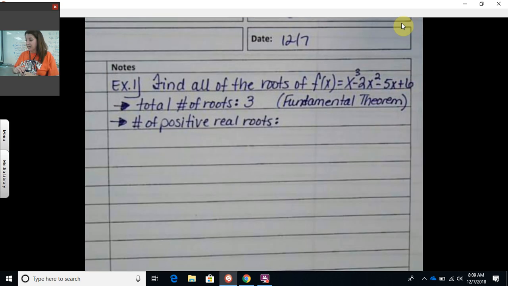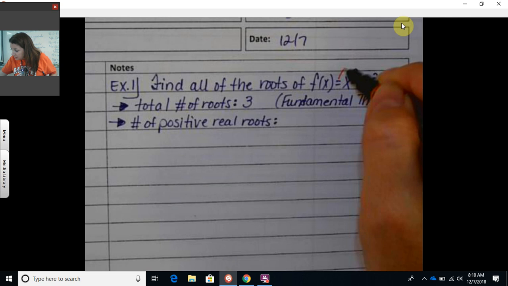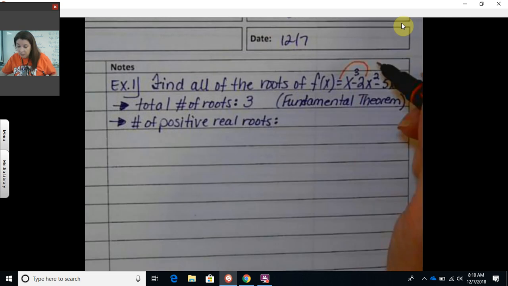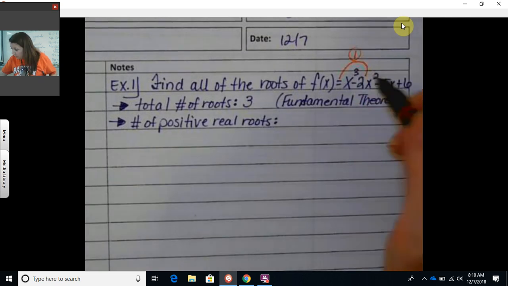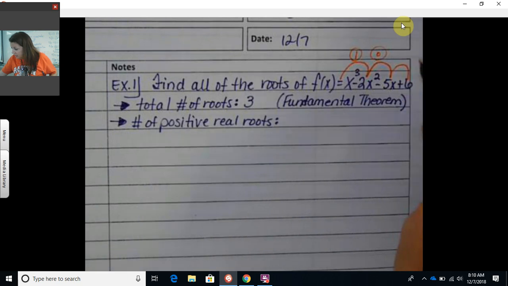And for that, that's from the Descartes rule of signs. I have to look at the sign changes of my original problem. Okay. So, and don't forget your first term. A lot of kids do. My first term's positive. My second term is negative. Is that a sign change? Yeah, so I count that as one sign change. And then I go from a negative term to a negative term. Is that a sign change? No. Nope, that doesn't count. Then a negative to a positive. Is that a sign change? Yes.